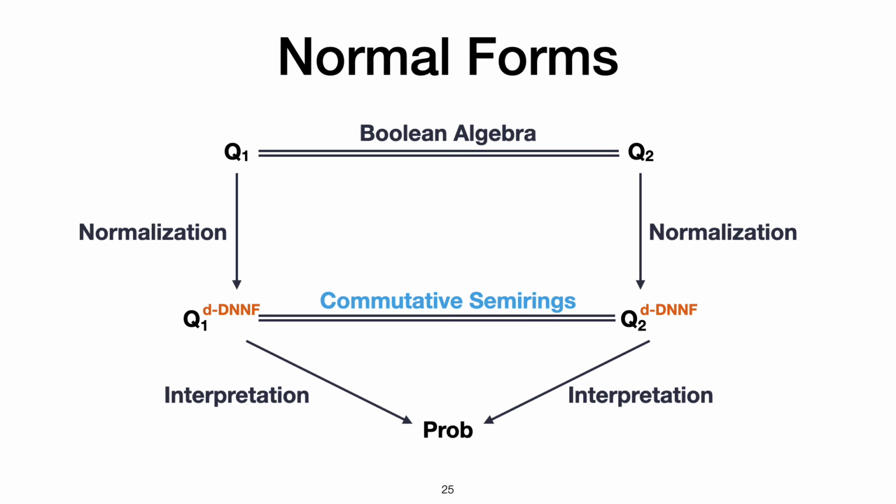So if we normalize our queries into this deterministic decomposable negation normal form, they are equivalent under the remaining laws. And these remaining laws form another algebraic structure, which we call the commutative semiring. The queries in normal form can then be interpreted in terms of their probability.